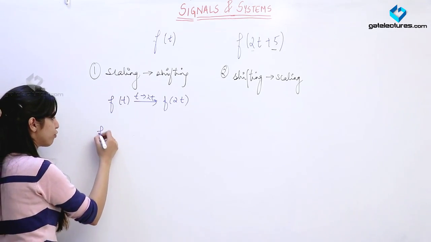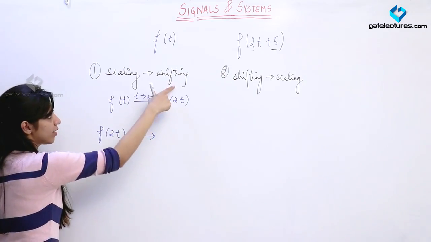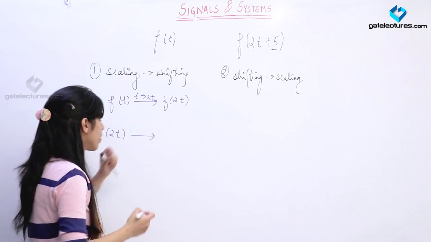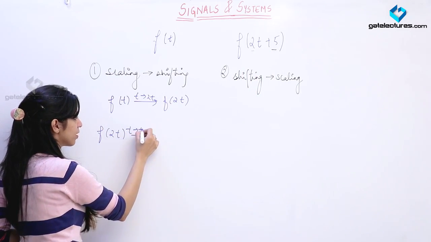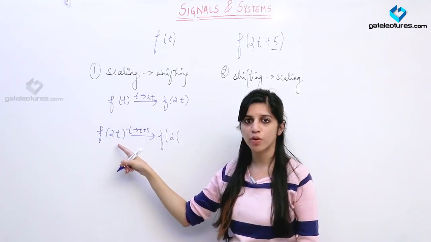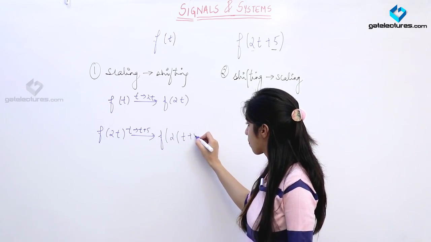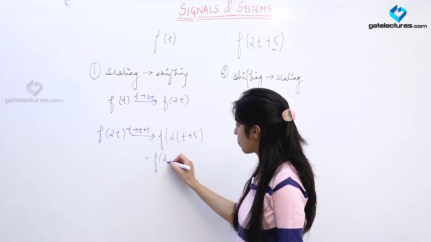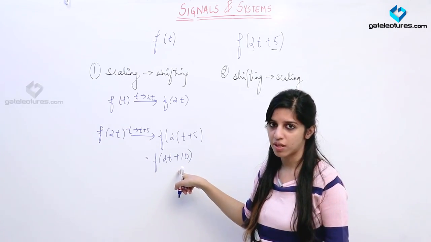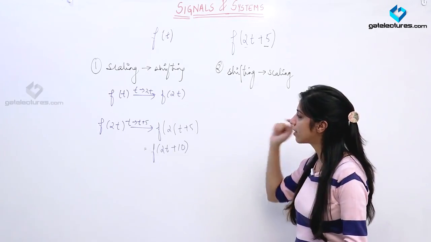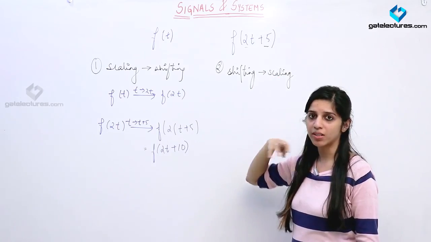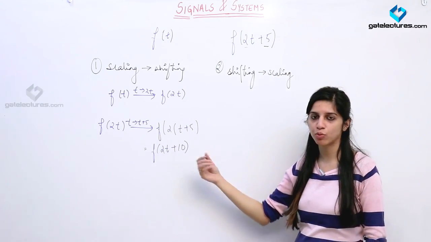Now I require to shift the function by 5, so I just replace t with t plus 5. Only t is going to be replaced with t plus 5. Now what has the function finally become? f of 2t plus 10. But this was not required. We needed a signal of the form f(2t plus 5), but we obtained a signal of the form f(2t plus 10).